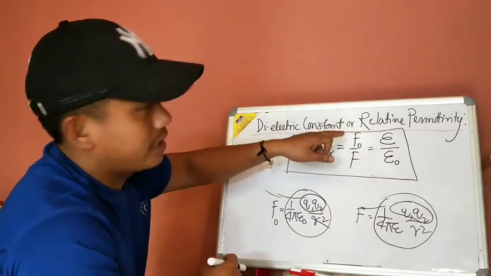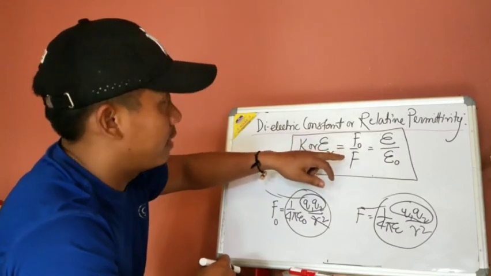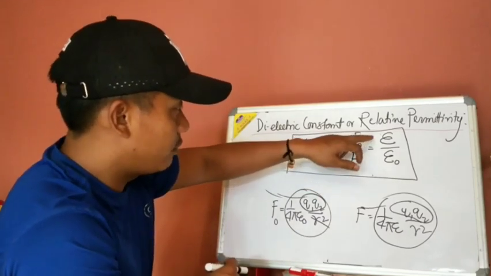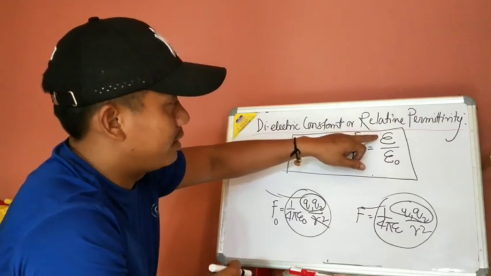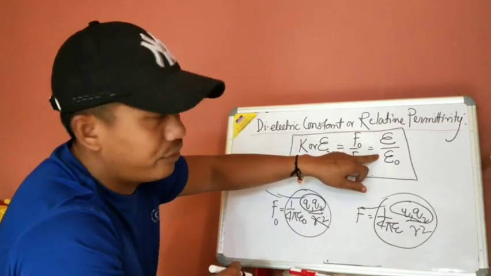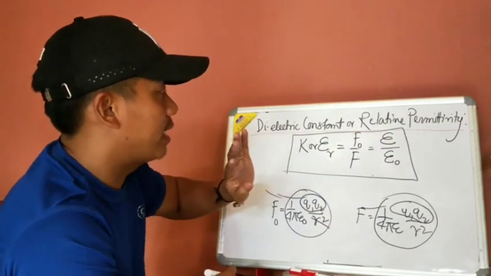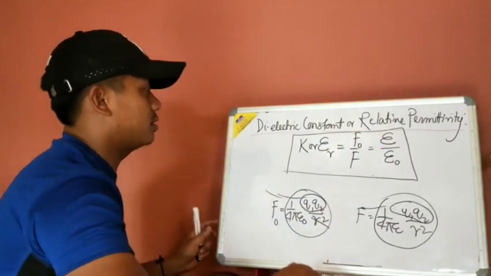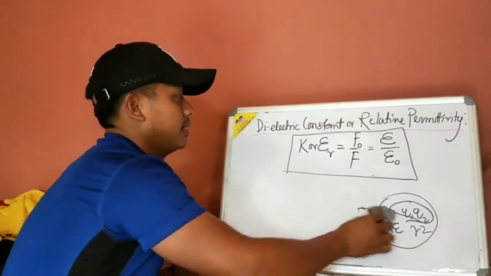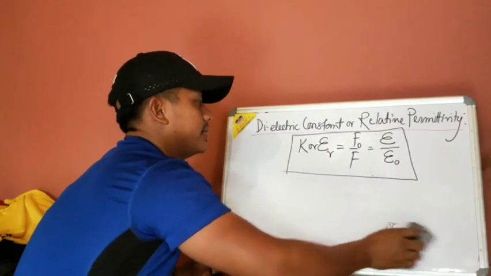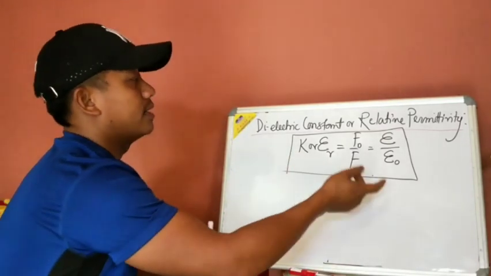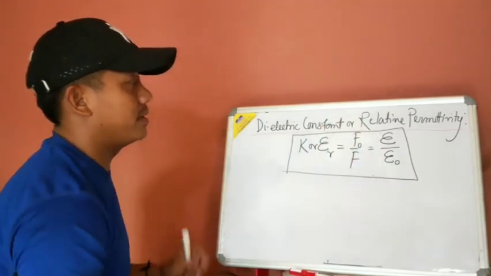You can define it in terms of force, or you can define it as the ratio of the absolute permittivity of the medium to the absolute permittivity of free space, that is vacuum. So you have two definitions of the dielectric constant of a medium. One is in terms of force, and one is in terms of absolute permittivity.